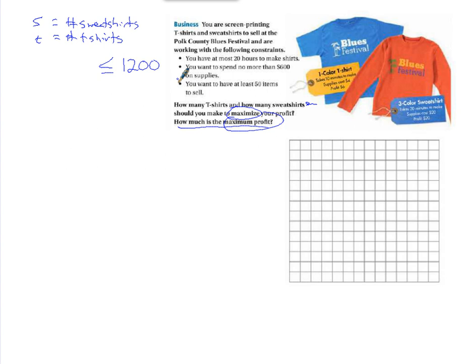And for the sweatshirt and t-shirt, S and T, A, B, C, D, E, F, G, H, I, J, K, L, M, N, O, P, Q, R, S, T. So S comes before T, so I'm going to write S first. It takes 30 minutes to make a sweatshirt, so that's 30S plus, it takes 10 minutes to make a t-shirt, so 10T has to be less than or equal to 1,200.